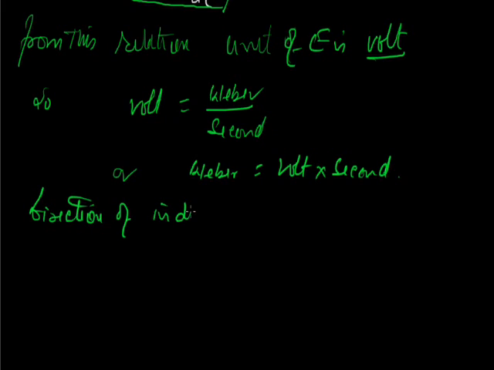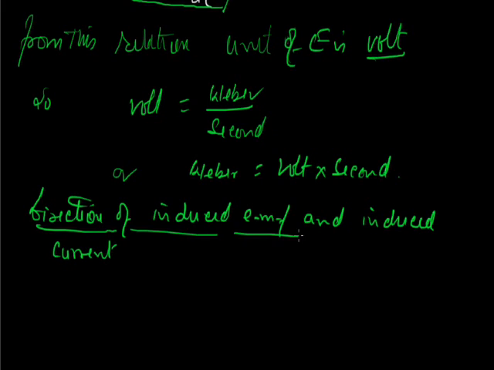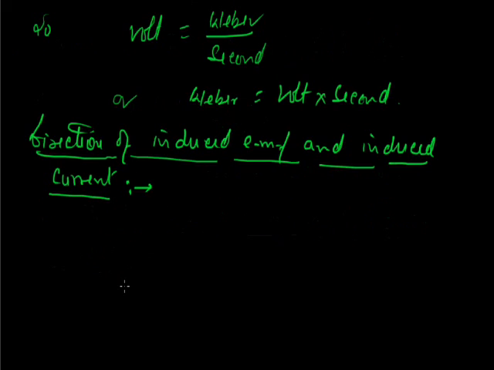Now the laws for the direction of induced EMF and induced current. There are two laws for the direction of induced EMF or induced current. First one is related to a conductor and second is related to a coil or solenoid.